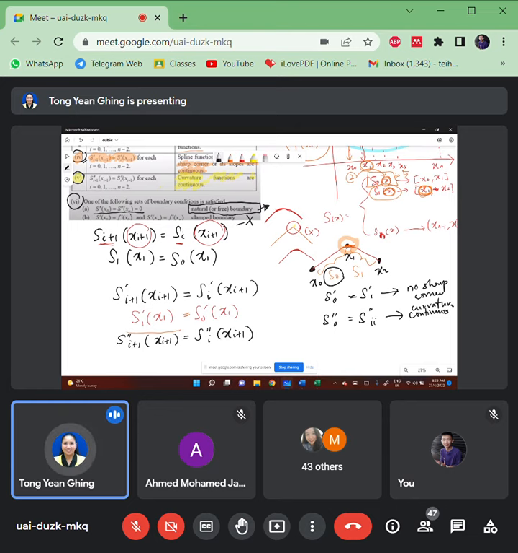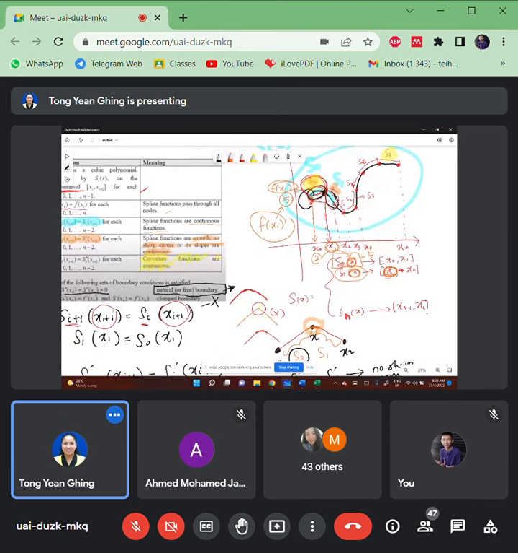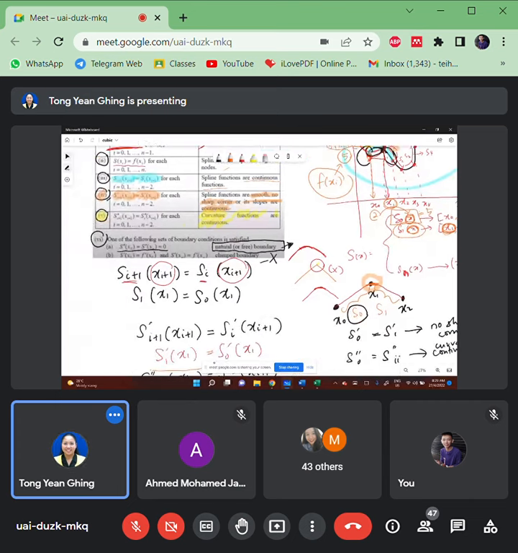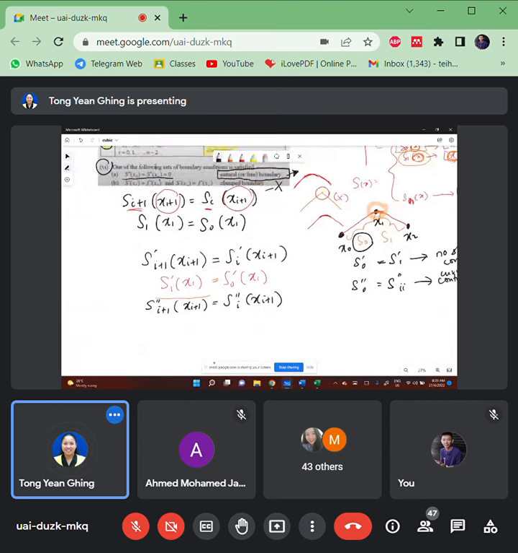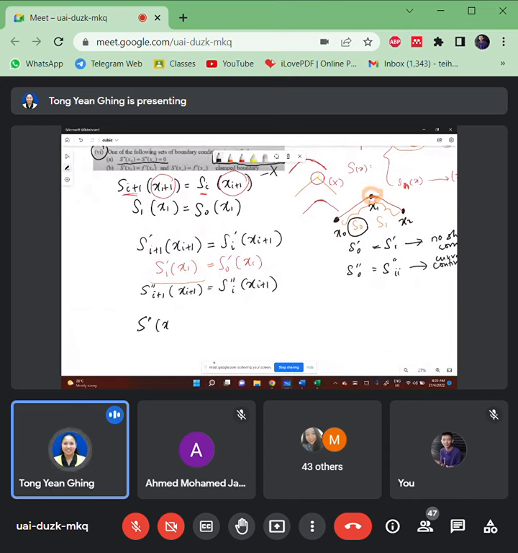And the last one is the first S naught and the last S n. When we do the second derivative, it should be equal to 0. The second derivative of x0 is equal to the second derivative of xn, normally this is n minus 1.